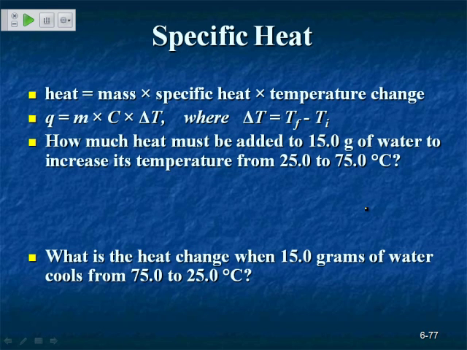Now, we are going to calculate or quantify the Q or the heat. Heat is usually represented in thermochemistry using the letter Q. And heat is dependent upon three things: mass of the object, specific heat of the object, and the temperature change.